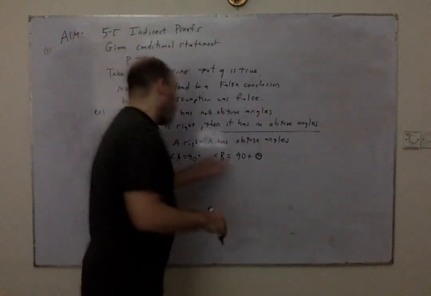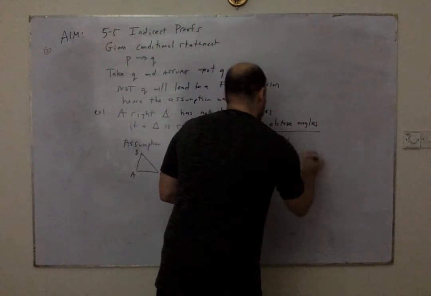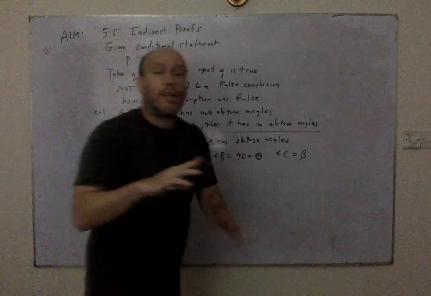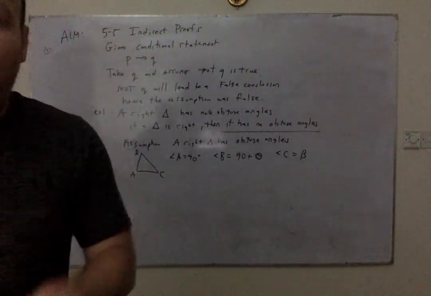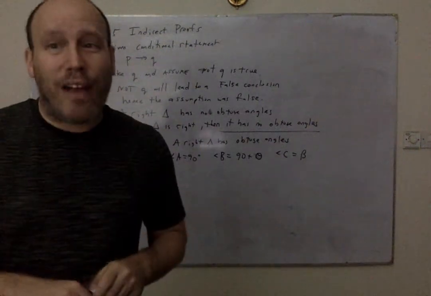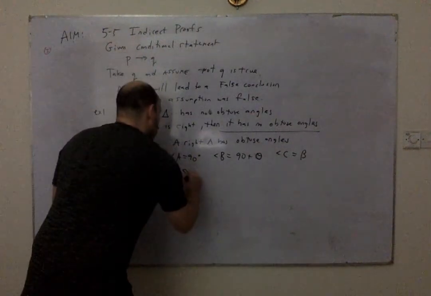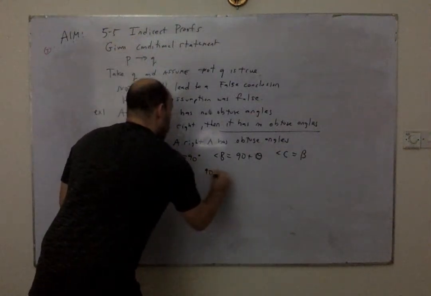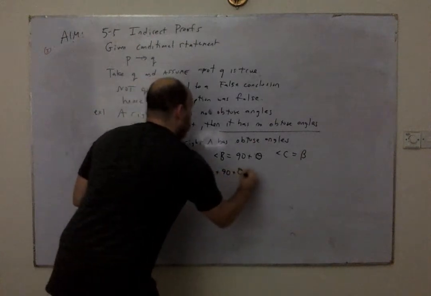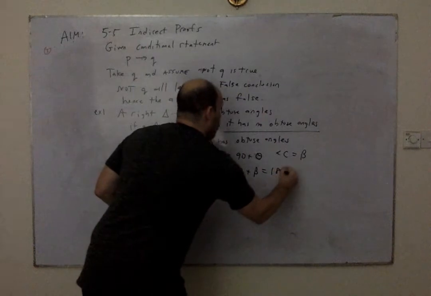Okay, and what should we call C? Let's call C beta, another random angle. That's fine. So we have our three angles. Now, what's the sum of the angles of a triangle? You say, okay, the sum is 90 plus theta plus beta equals 180 degrees.